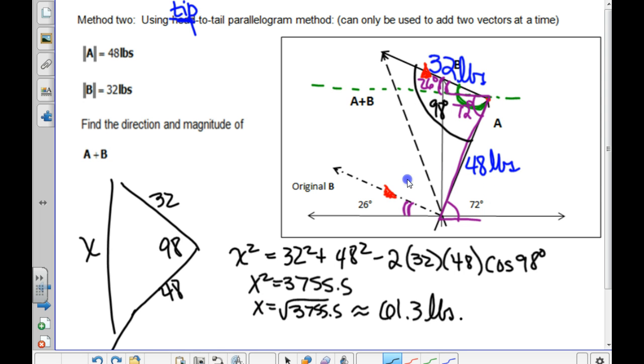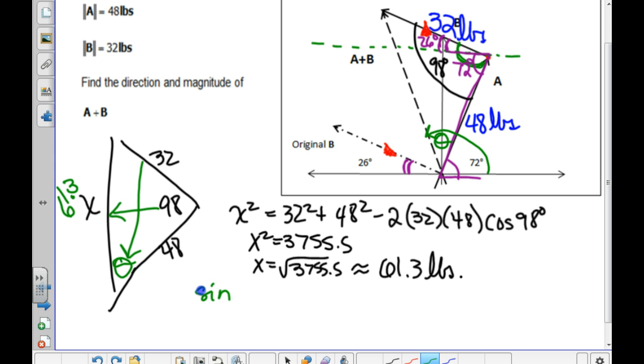Now we need to find an angle. The angle we need to find is all of this. So what we're going to find is theta right in here. Go back over to this triangle. You just told me this is 61.3. 61.3 is that side, okay? Can we now use law of sines to find that angle down there?